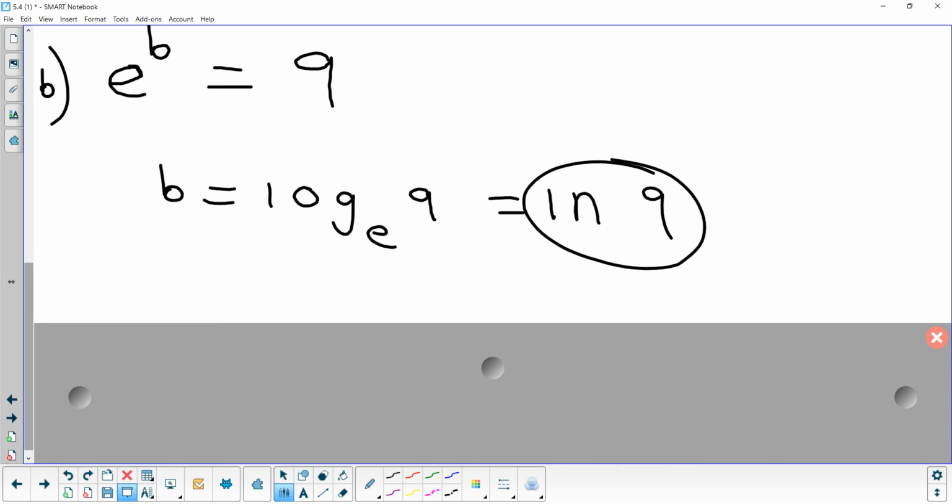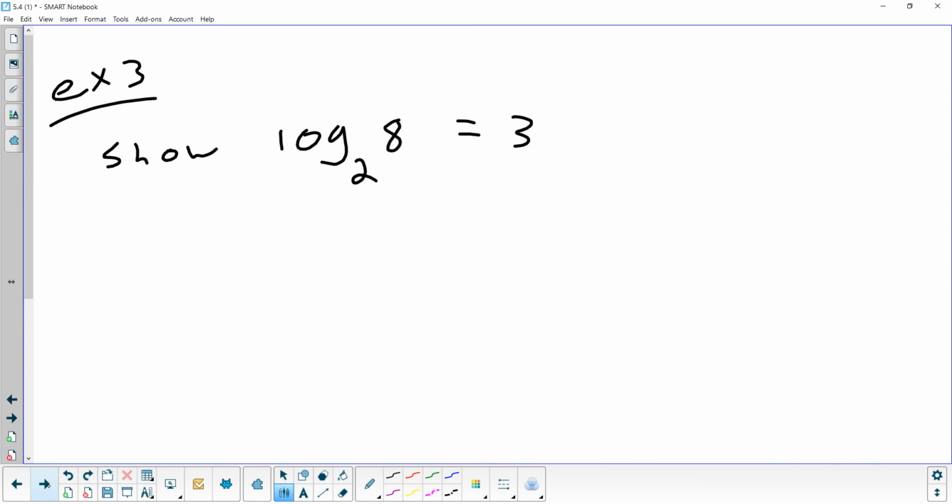Okay, questions on that? Okay. So let's show that these two things are the same. There's only one thing we know how to do with logs right now, and that's change it to exponential form. So let's change this to exponential form and see what happens. Michael, what's my base? 2. And Nick, logarithm always equals what kind of number?